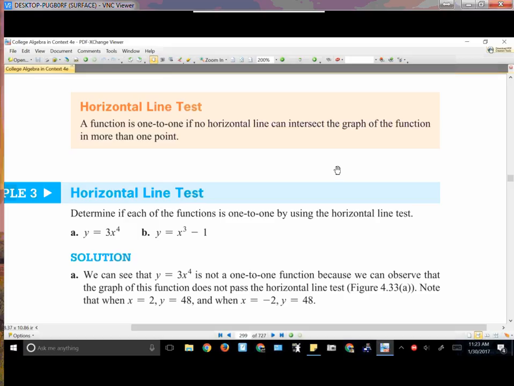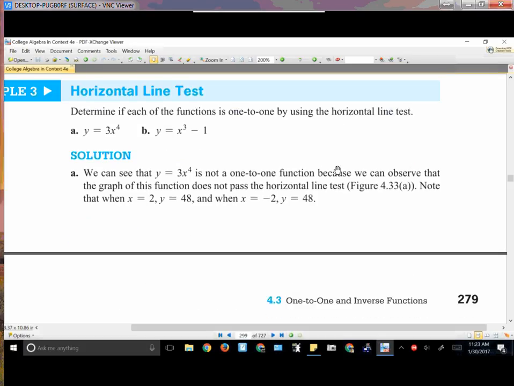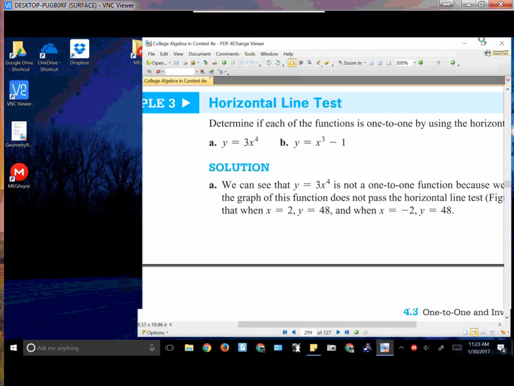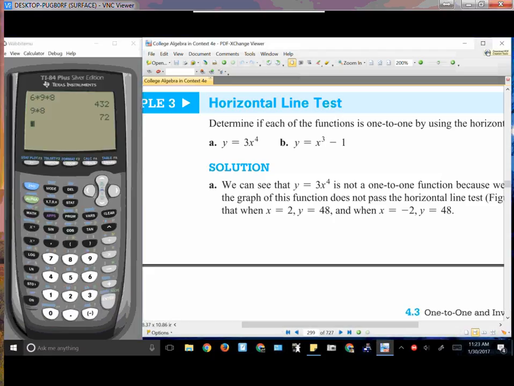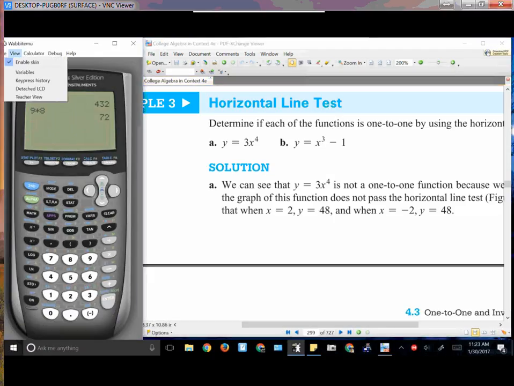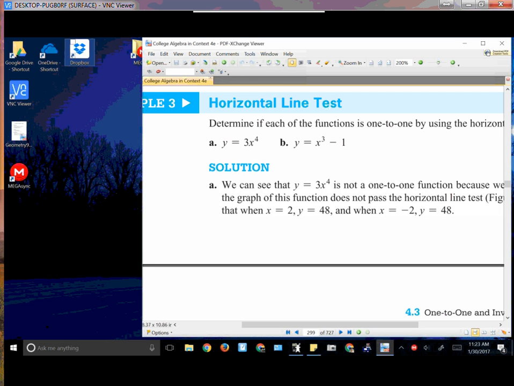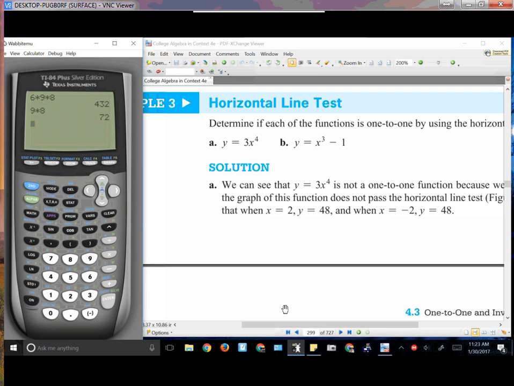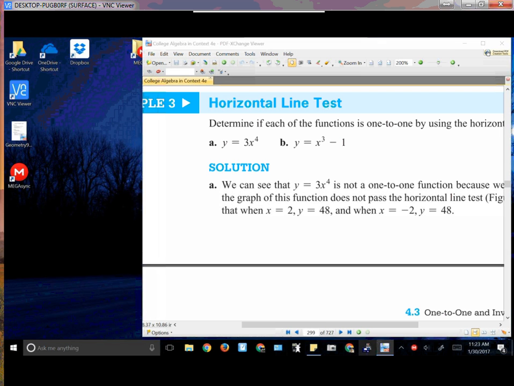So, I want to do this by the horizontal line test now. So I'm going to take my calculator. Wrong calculator. So this one.